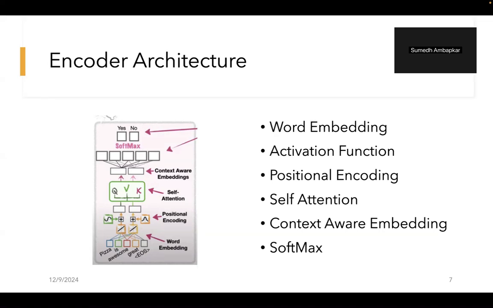which is word embedding. The work of word embedding is again converting the words into numbers, because neural networks only understand numbers. Based on the activation function, it will assign weights to that particular word.